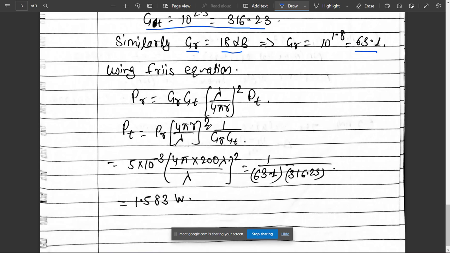So PT is equal to PR into 4 pi R upon lambda whole square into 1 upon GR GT. Now we put all these values and we get PT equal to 1.583 watts.